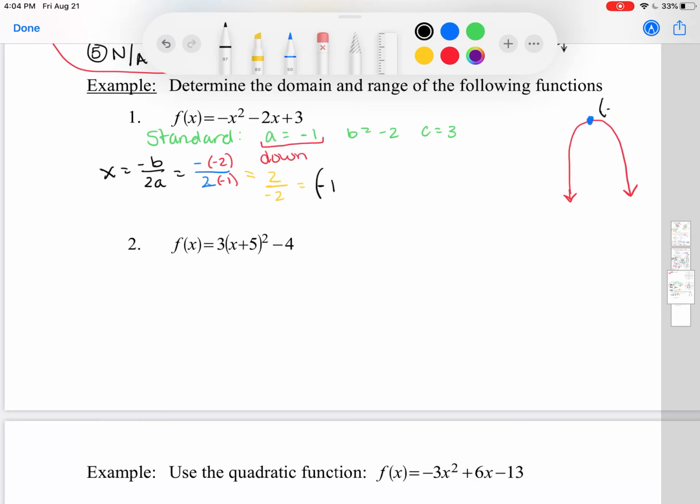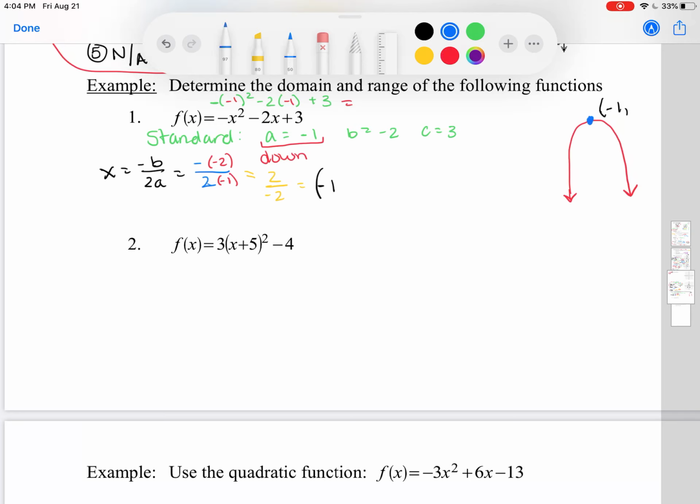That's just the x value on your vertex. We need to know also our y value. So if I took that -1 and I replaced it for all my x's in this function, and I solved, I should be getting a +4. Go ahead and double check that.